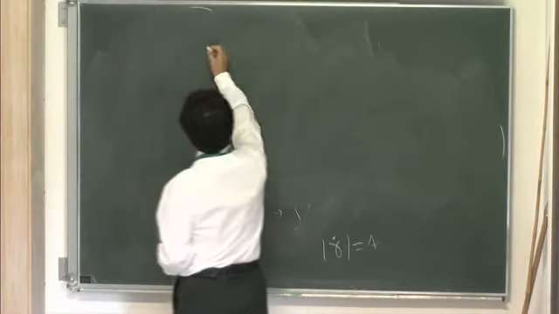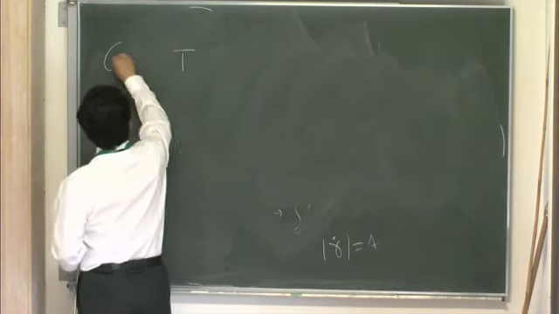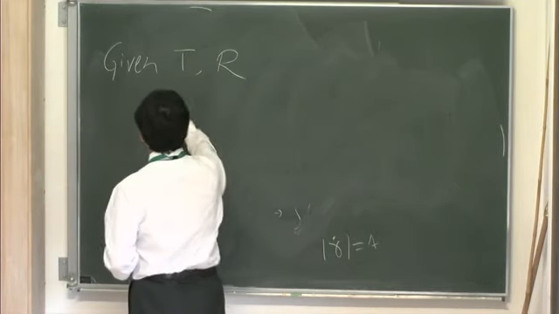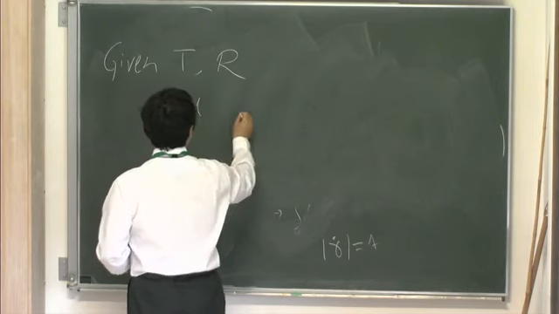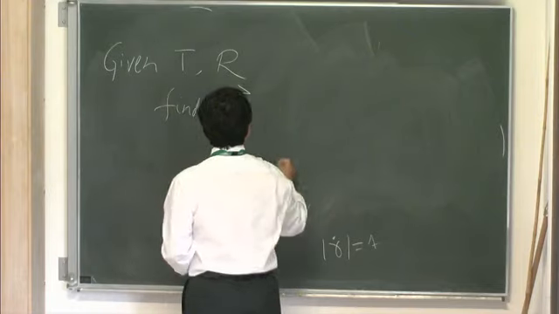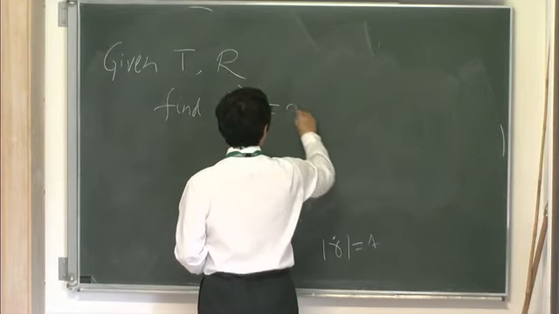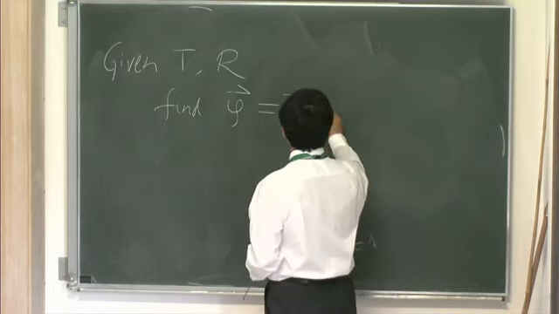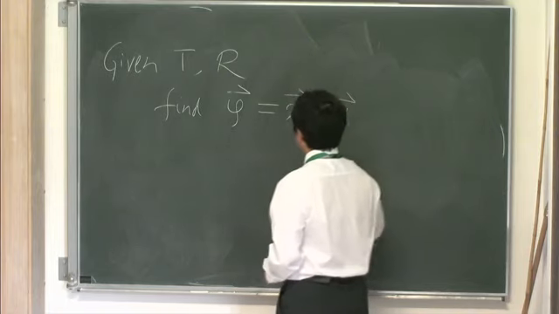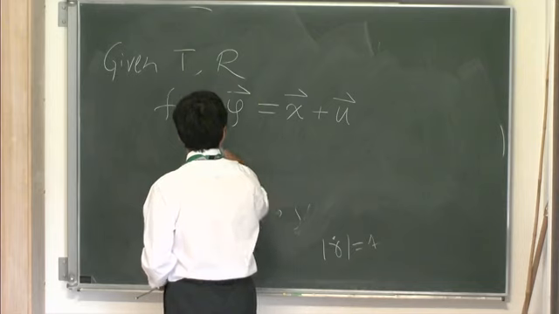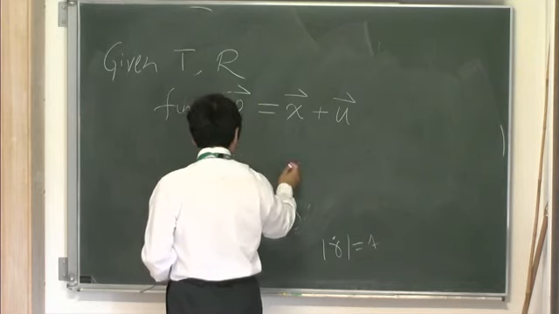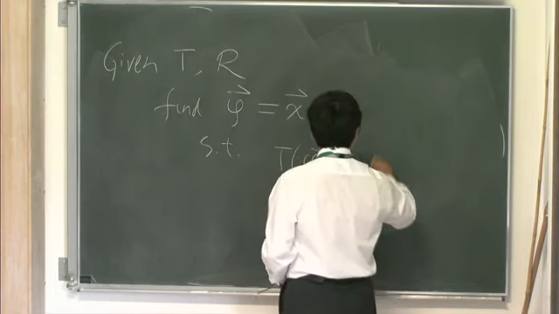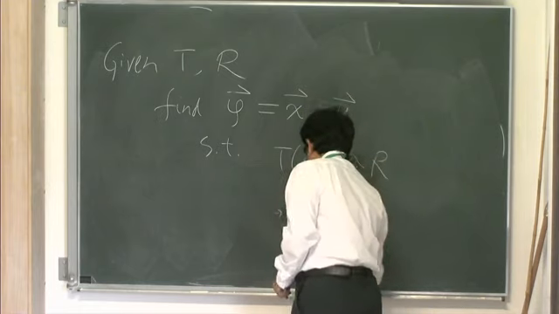Remember, earlier on, I was saying given two images T and R, the registration is to find this phi function, which is a vector, and here we write it as x, if there's no displacement they are identical, plus u vector. Okay, such that we find this one such that T of phi approximates R. Okay, so that's the image registration problem.